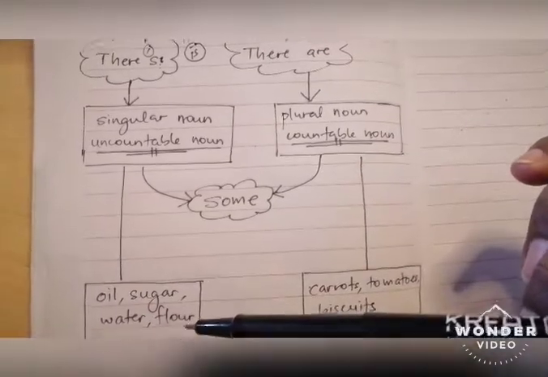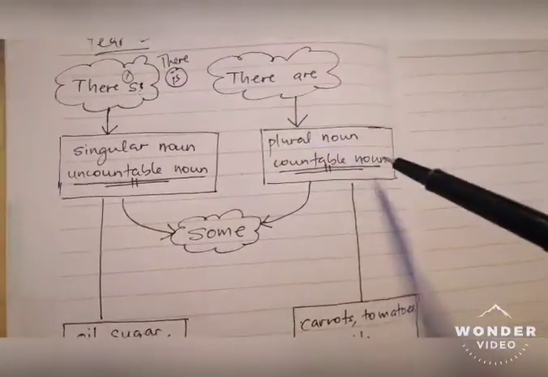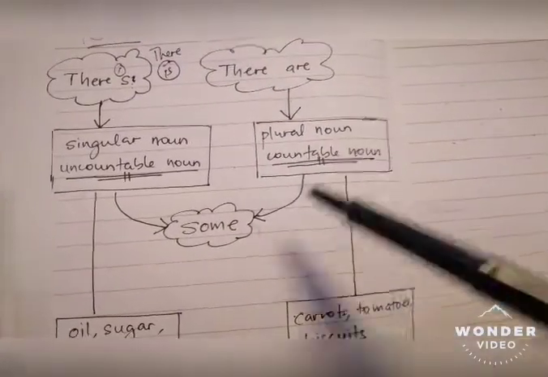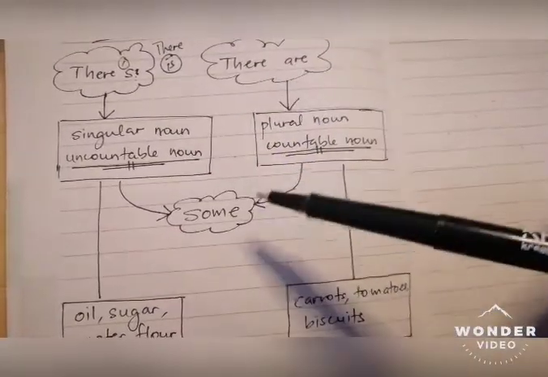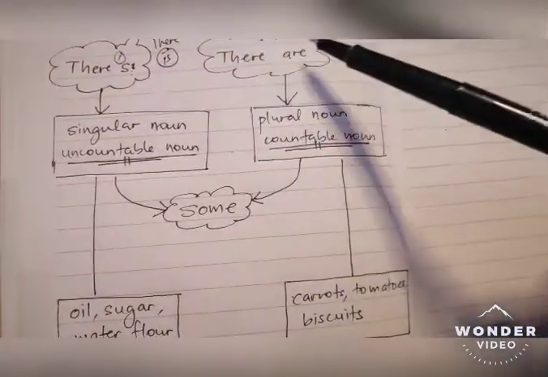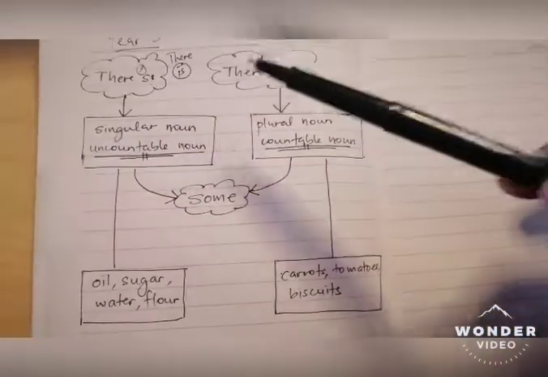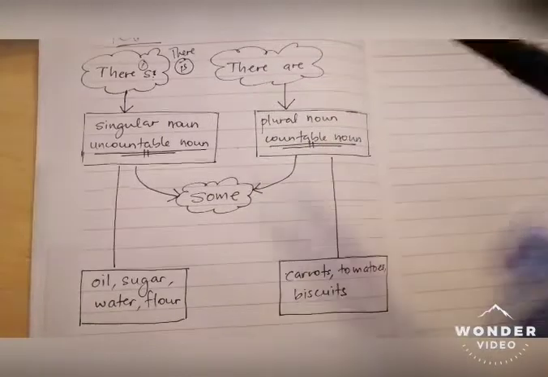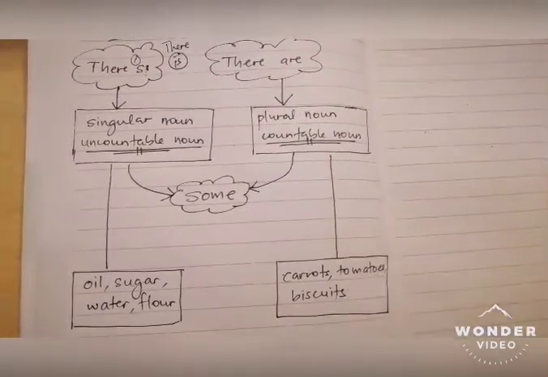When you want to use there are for countable nouns with some: there are some carrots, there are some tomatoes, there are some biscuits.